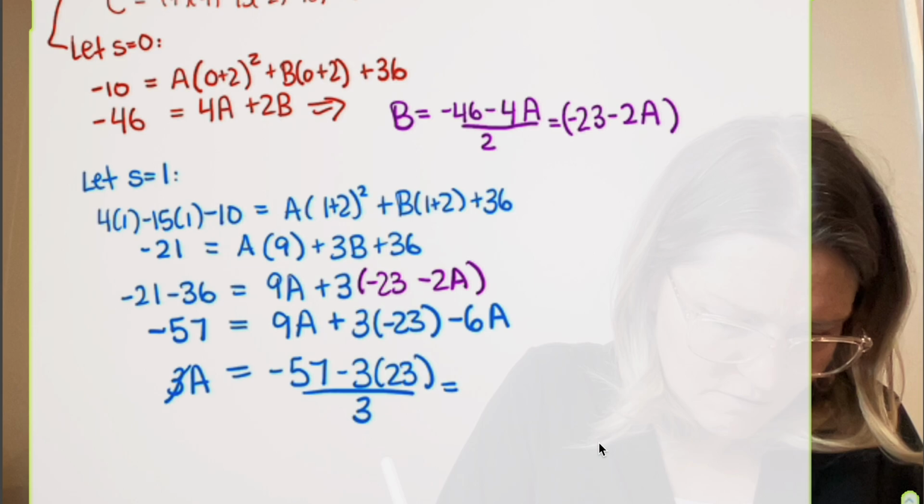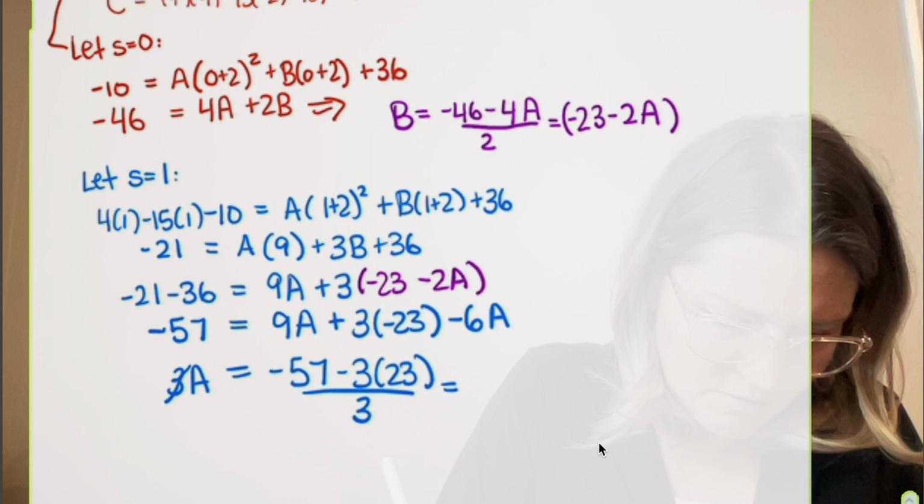Oh, the minus 23 becomes a positive. There we go. Okay, and then that is equal to 4. And then plugging that back into b, I get minus 23 minus 8, which is minus 31.